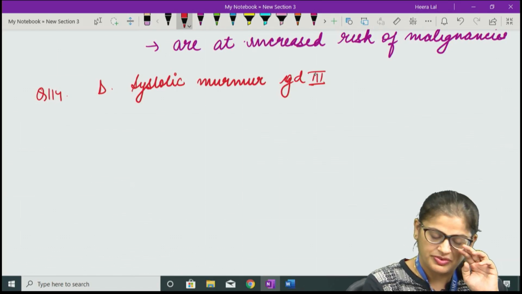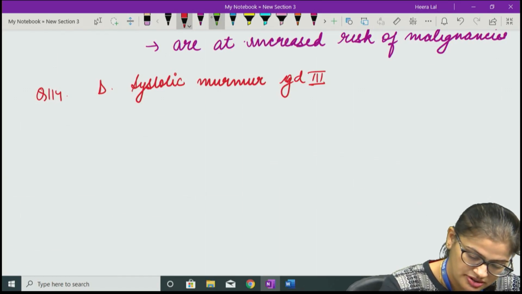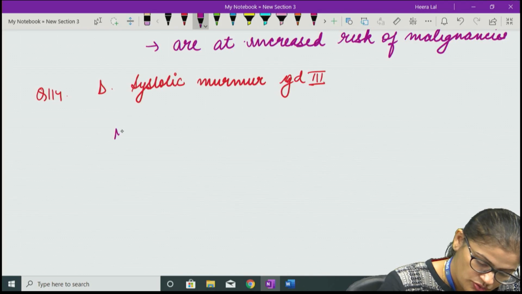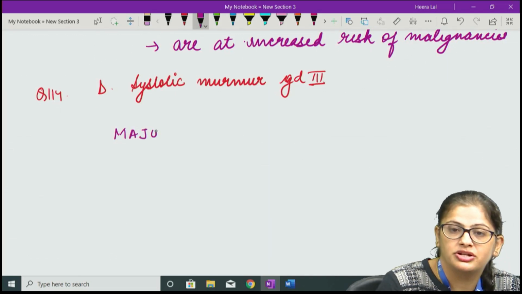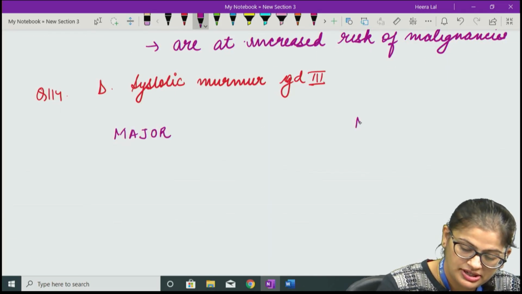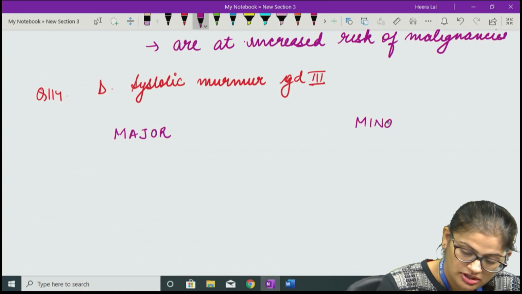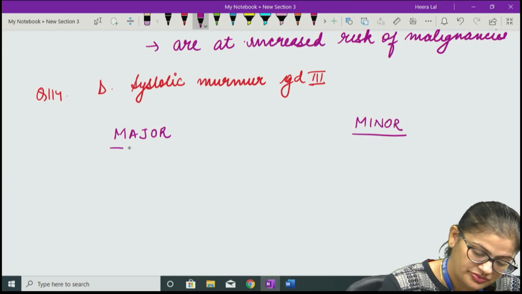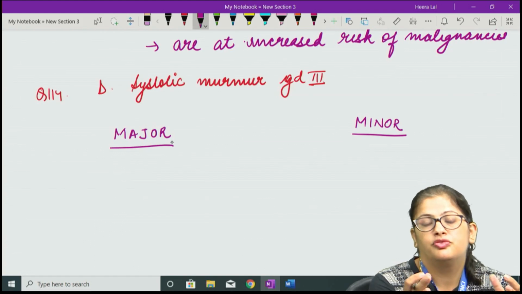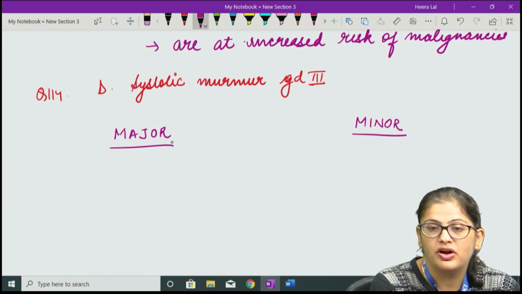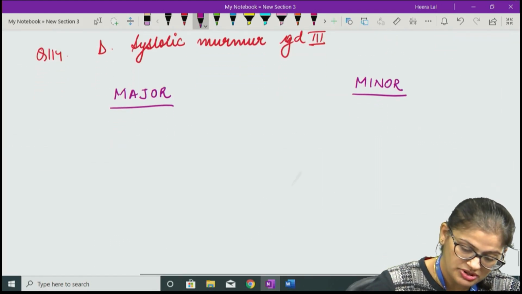NADA's criteria are a few major and minor criteria, which in the presence of one major and two minor criteria help to make the diagnosis of heart disease in the patient. So what are the major criteria?